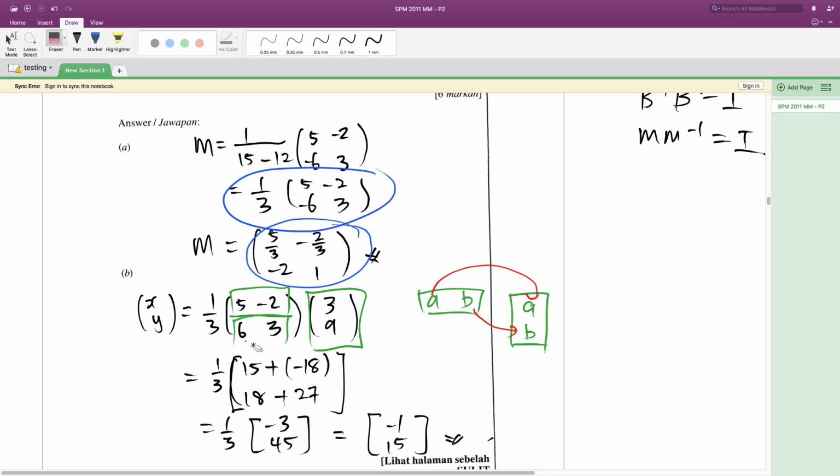So this is negative 18, and this one actually will give me 9. So when I simplify here, I should be able to get negative 1 and 3. Is that your answer? Yeah, I just didn't see the negative 6 there carefully. Thanks for the reminder. Okay, let's move on.